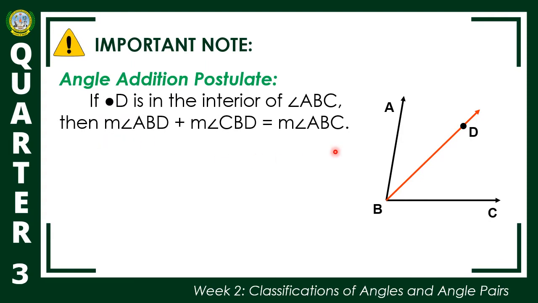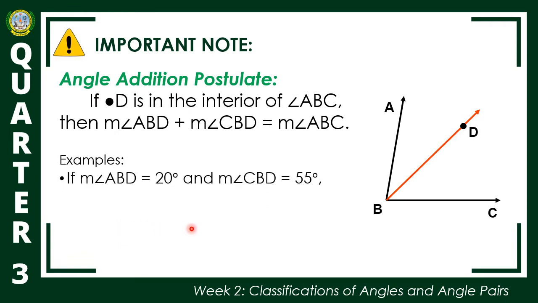Then the measure of angle ABD, which is this angle, plus the measure of angle CBD is equal to the measure of angle ABC. Take note that a whole is the sum of its parts, diba? So, pag pinagsama po natin yung dalawang angle na to, yung smaller angles, ang mabubuo po niya is the whole angle ABC. Okay? Which means that if the measure of angle ABD is 20 degrees, let me just write it here.